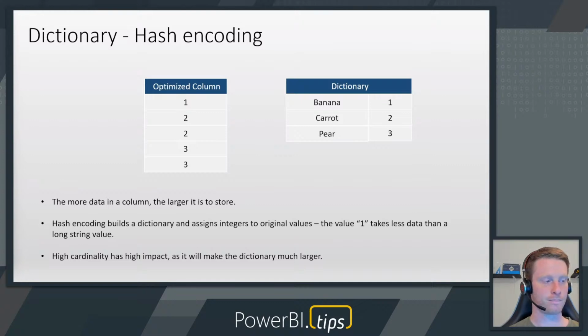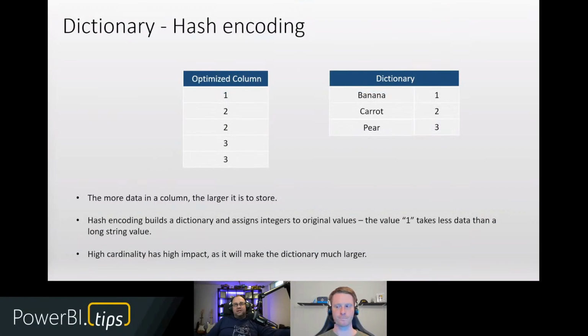We had one question come through, and I'll try to answer it as best I can. Donald asks, "Does sorting the data improve your run length encoding?" From my understanding, going back to run length encoding briefly, it is optimized inside the VertiPaq engine.